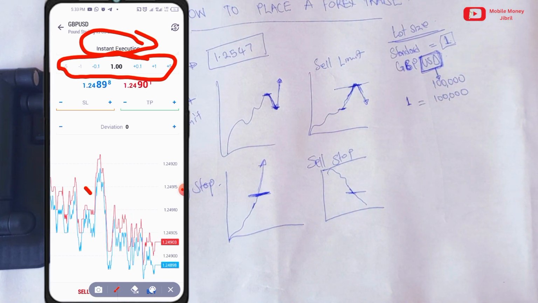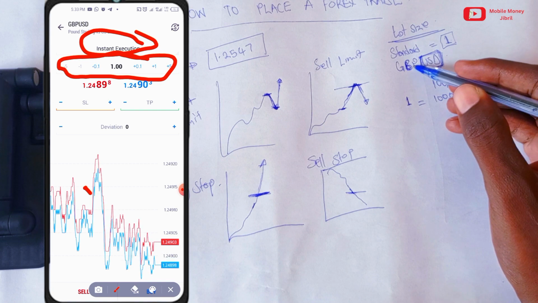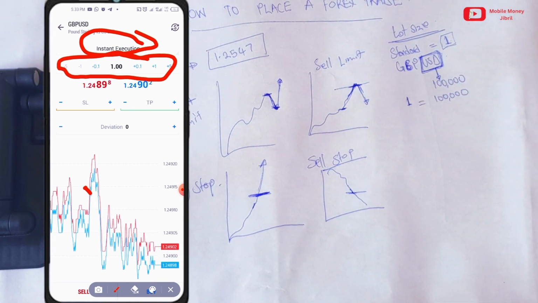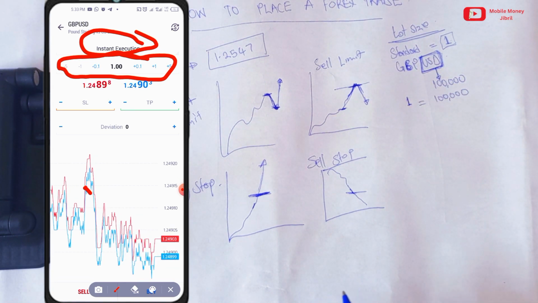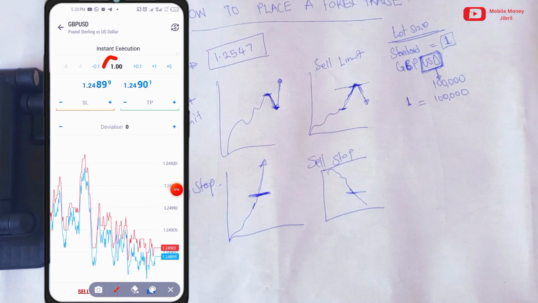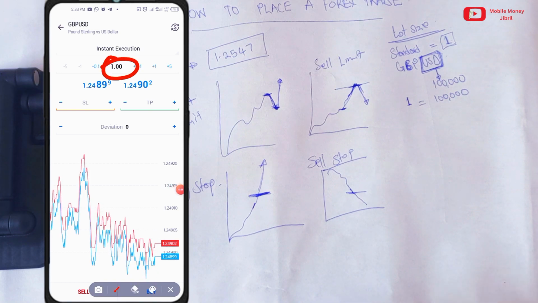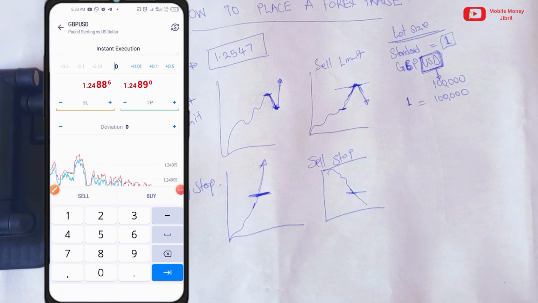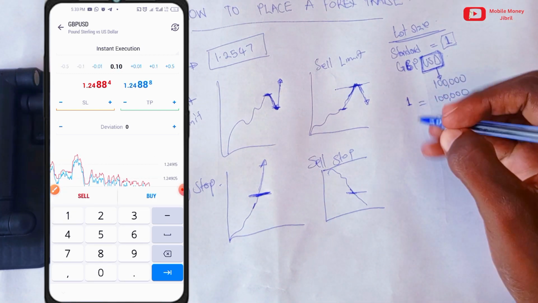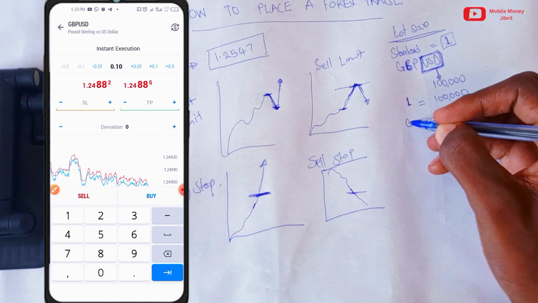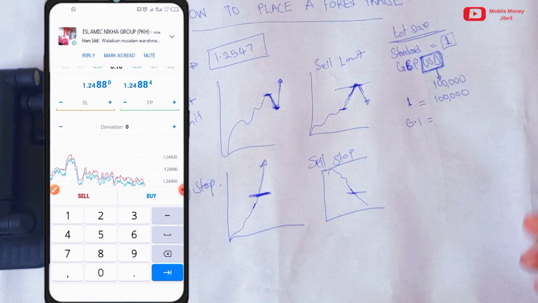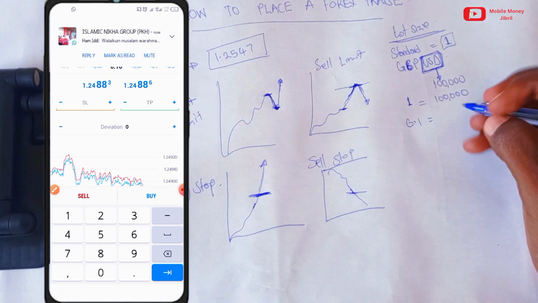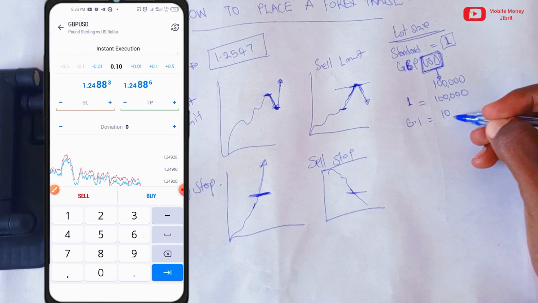It does not mean that you are going to be trading with only one lot size. You can change this lot size to any lot size. You can use 2, 10, 100, but you can also reduce it and say 0.1. 0.1 is like a mini, and it means you are trading worth 10,000.